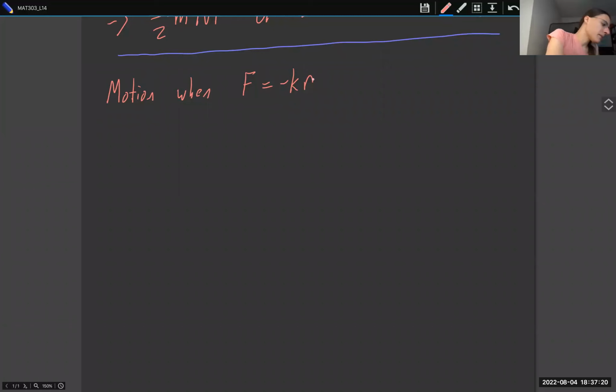And the equations that we saw were that, so we are going to actually use an interesting constant.